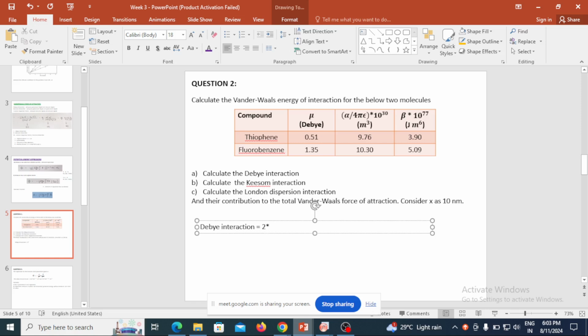So 2 times alpha times mu1 square, divided by 4 pi epsilon whole square times x to the power 6.